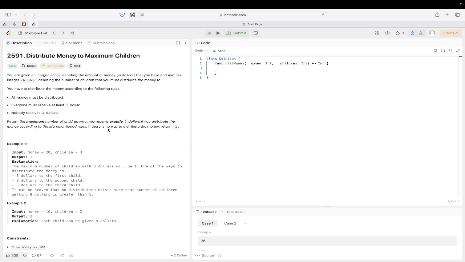Nobody gets exactly $4, and then we need to return the maximum number. We need to return the children that received a maximum $8. Return the maximum number of children who may receive exactly $8. So we need to give the money to the children.